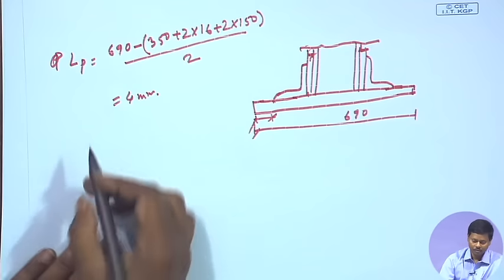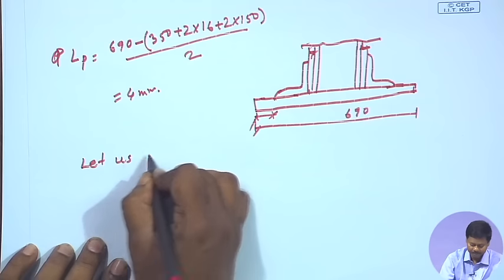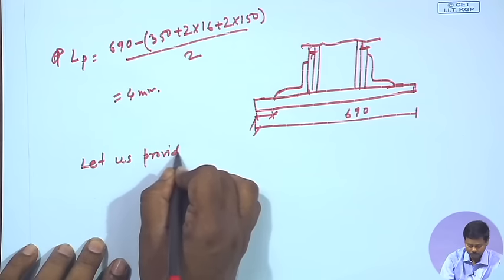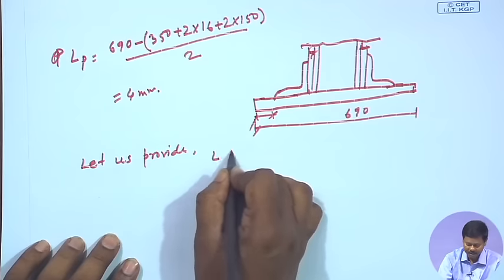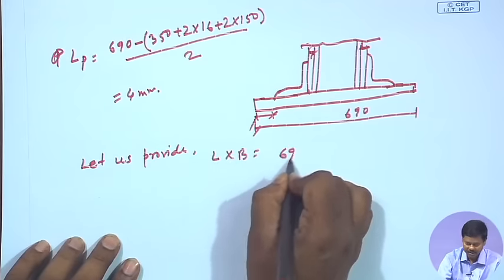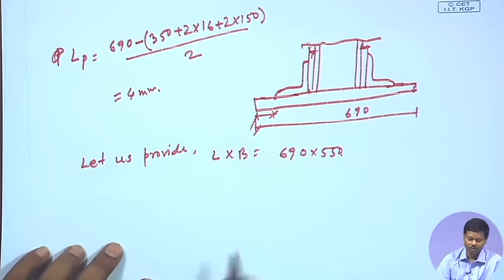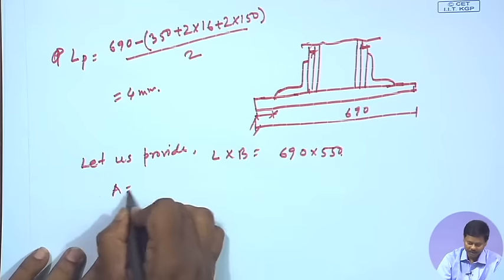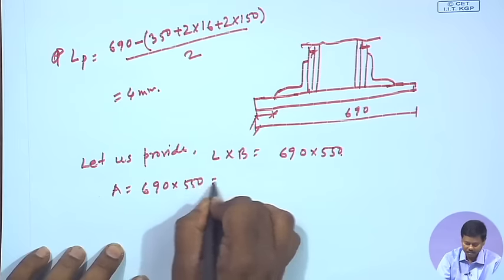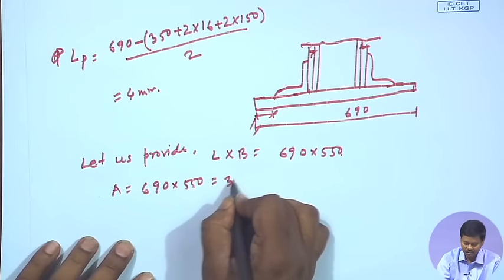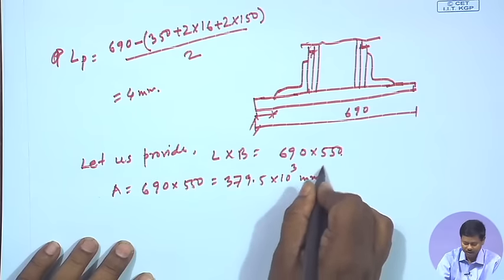Now let us provide the base plate size as L by B, say 690 by 550. The area provided we can find out: 690 by 550, this will be the total area, that is 379.5 into 10 cube millimeter square.